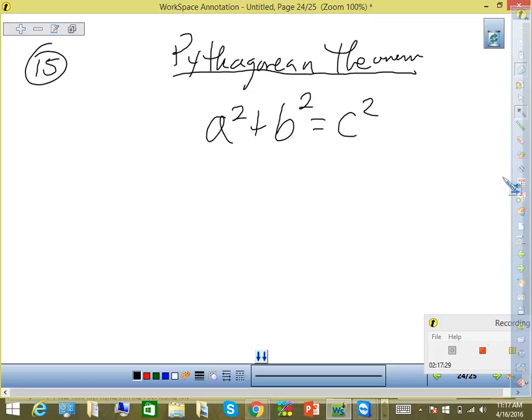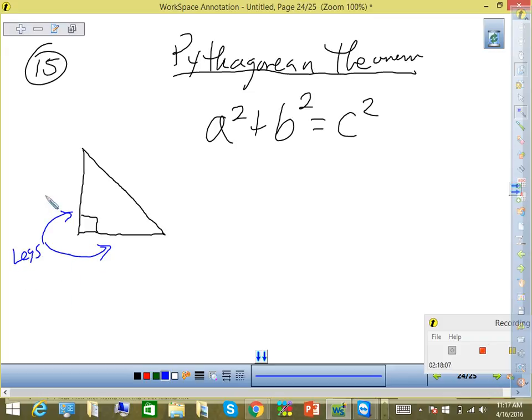So, draw a right triangle, like so. Put a little right angle right here. That means that's 90 degrees. Okay? And for those of you that forgot, here it goes. These two, those are called legs.